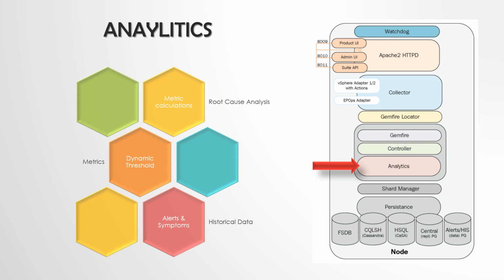For example, the host is the parent of a virtual machine. A cluster is a parent of a host machine, etc., and then it stores that data in the persistence layer. Now, analytics is also responsible for generating SNMP and SMTP alerts on master and master replica. Now let's move on to the next component.